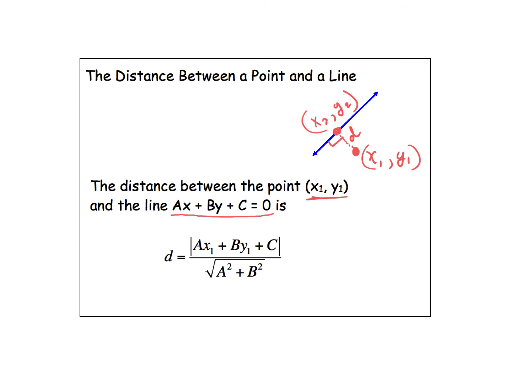We need a positive value here because it's distance. The square root naturally will give us a positive with the squares. So it's a, the coefficient of the x term from the line, times the x coordinate plus b, the coefficient of the y, times the y coordinate plus c, the constant value, over the square root of a squared plus b squared.